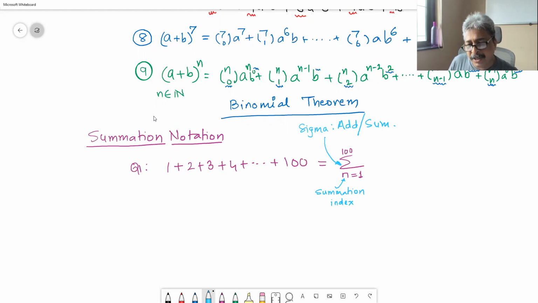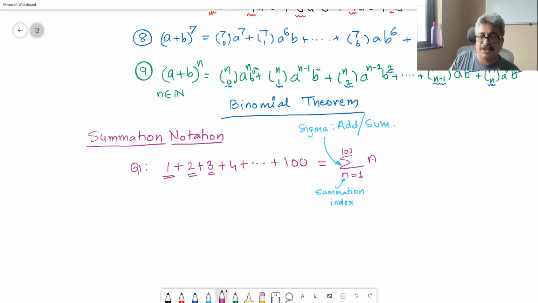From the starting point n is equal to 1, where should you stop? 100. And what should you add eventually? You add n. So this will be read like this: sigma, n goes from 1 to 100, n. That means when n is equal to 1, 1; when n is equal to 2, 2; n is equal to 3, 3, something like that.